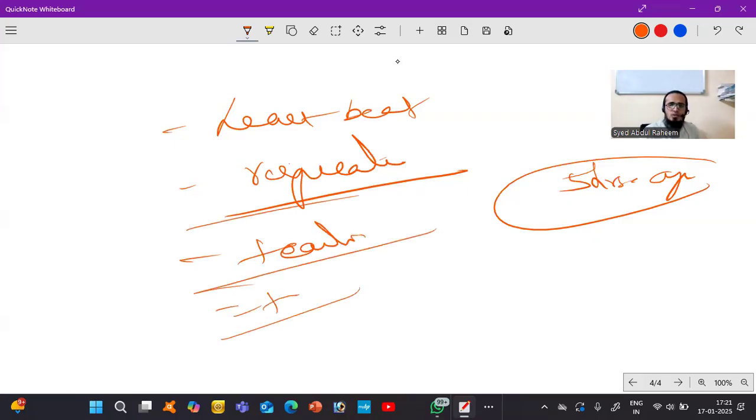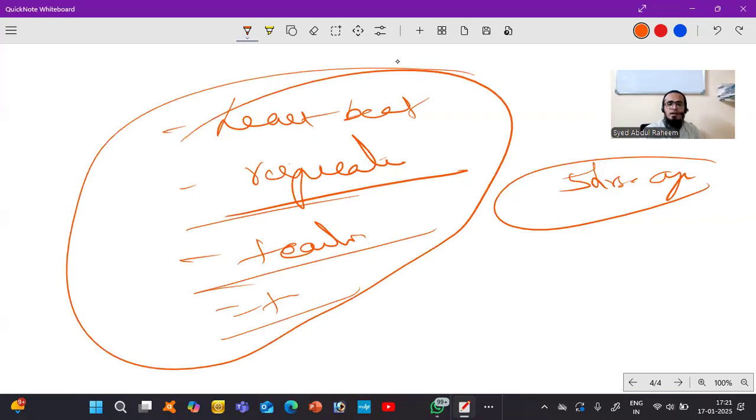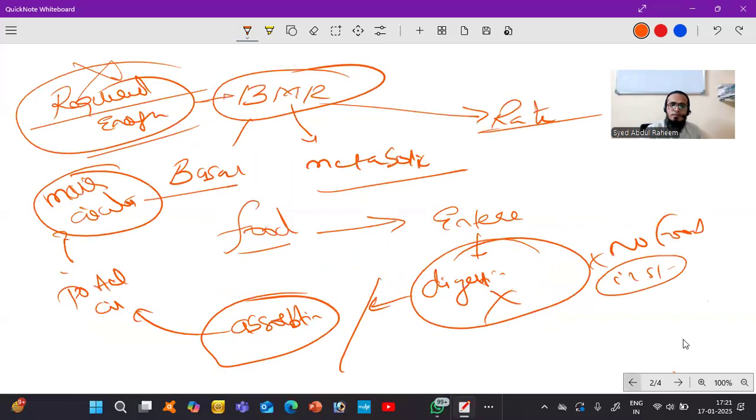Now if I check the BMR, you will get the exact value. So for teaching, for respiration, for heartbeat, for writing, these are the normal things, not excessive things. How much energy is required to do all these things is known as BMR. I hope you understood what BMR is.